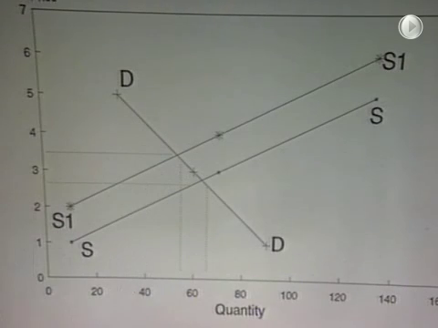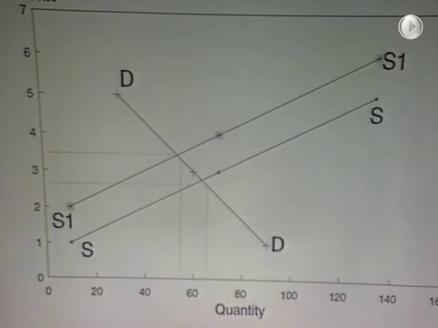But note also that the supplier actually receives a lower price than he would at the previous market clearing level. And the difference between those two will go as tax revenue to the government. As you can hopefully also see, both producers and consumers pay some of that tax.